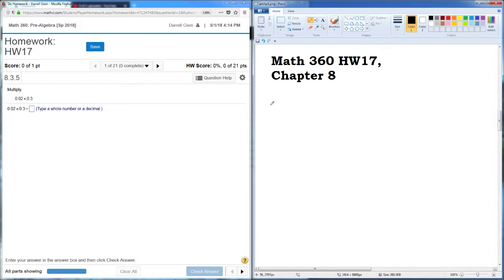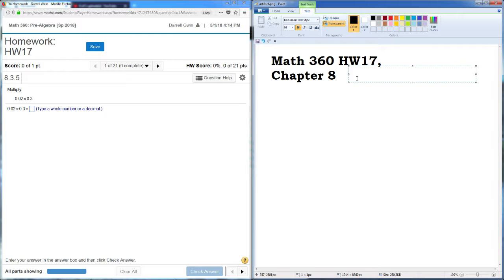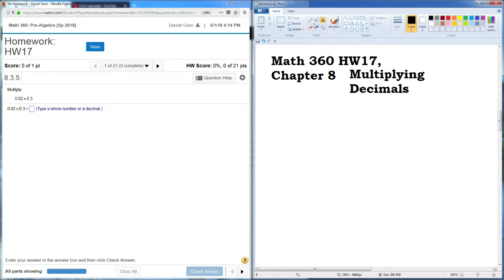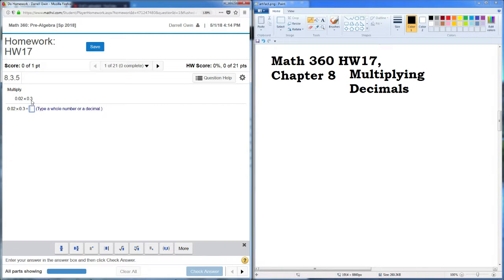Multiplying decimals. 2 times 3 is 6, and the final answer is going to have the same number of decimals as the sum of decimals in the factors. Well, the factors have 2 plus 1 is 3 decimals, so the answer is going to have 3 decimals.